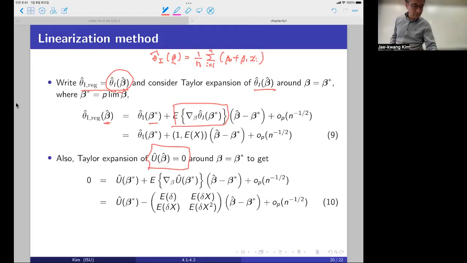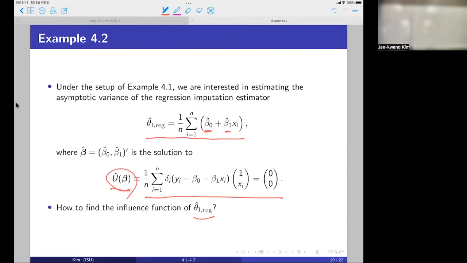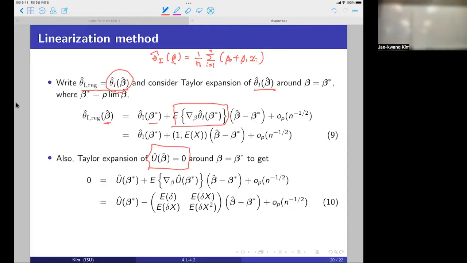So let's take a look. What is the partial derivative of this guy? See, the first line, you have beta times delta, and beta times delta i times xi. So you have the expectation of delta and the expectation of delta times x.